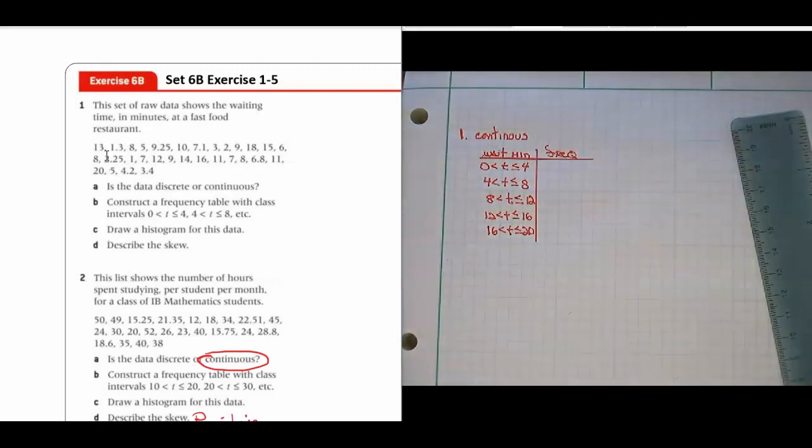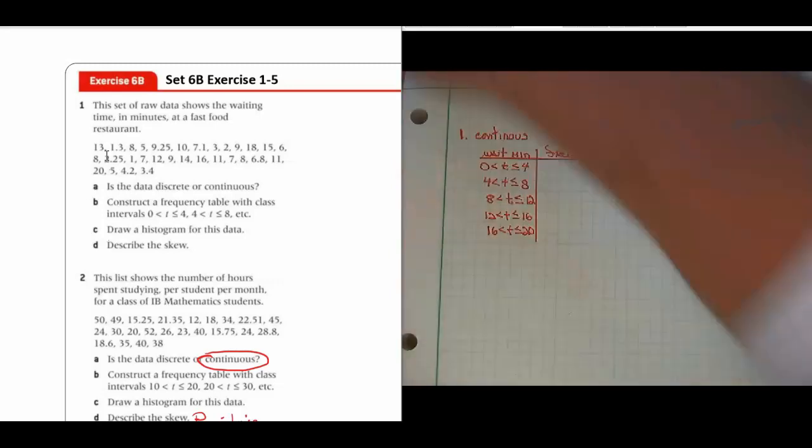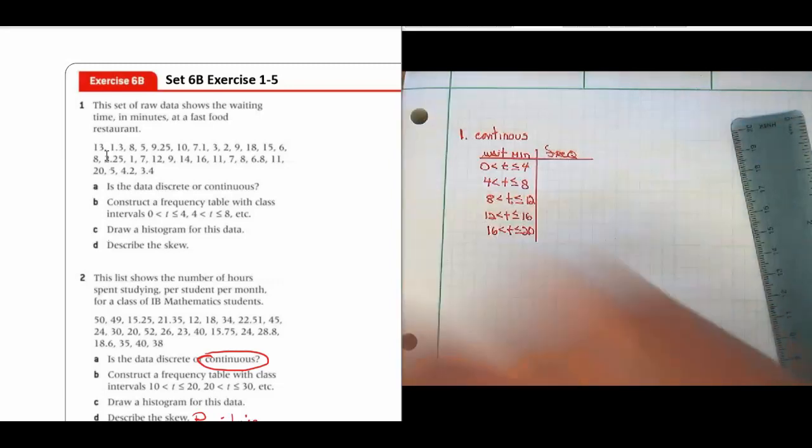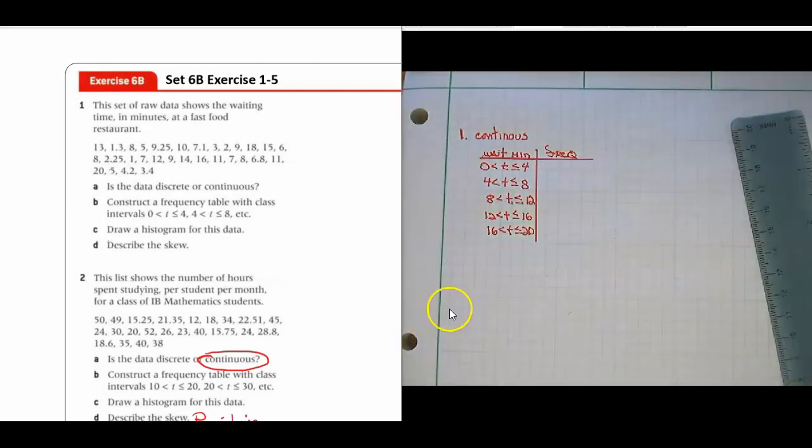And then I'll do the 8s to 12s. So on mine, 8's not included. 8 would be included in yours, Victoria, because yours includes 8 and mine doesn't.